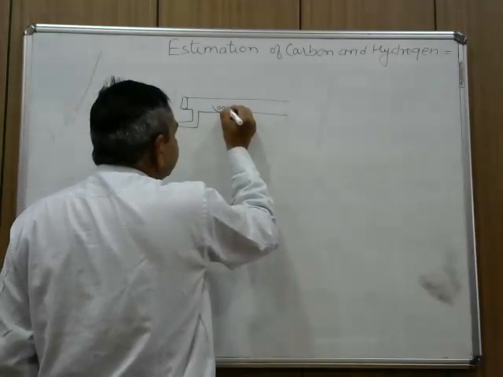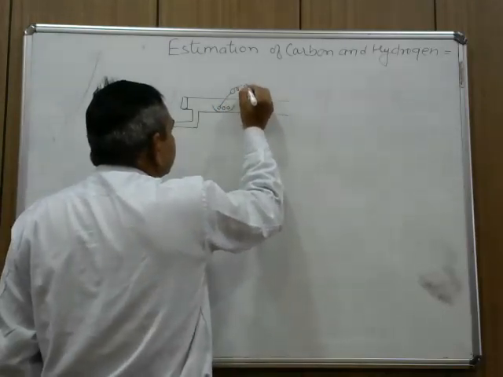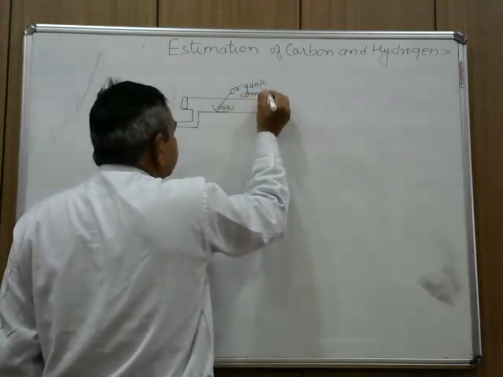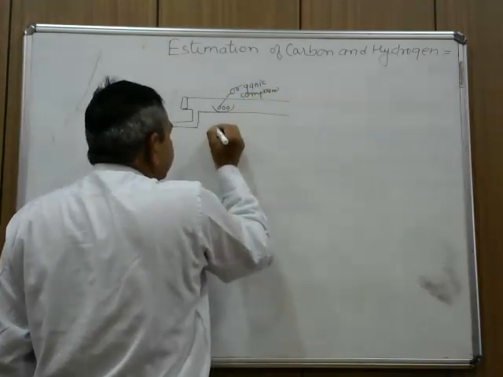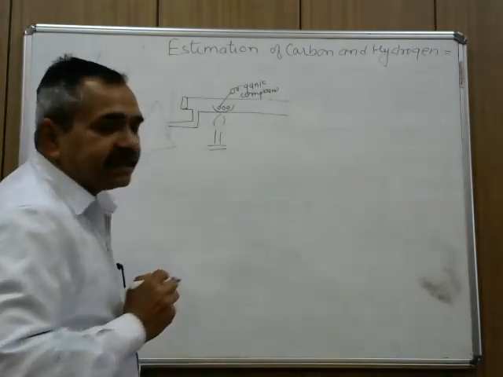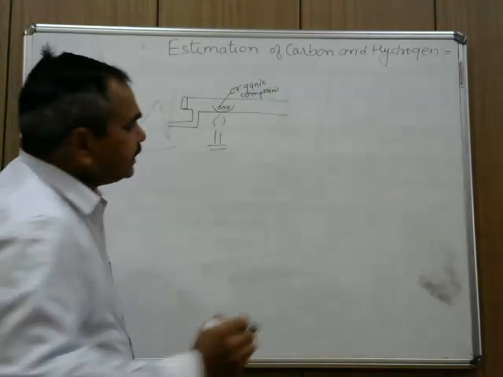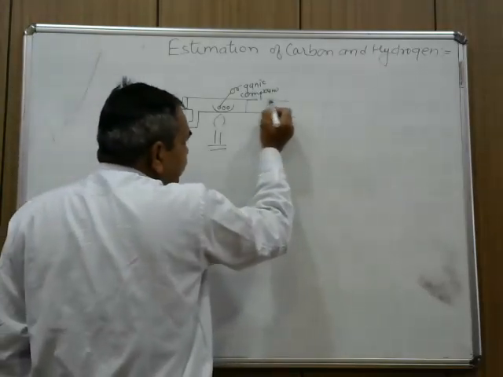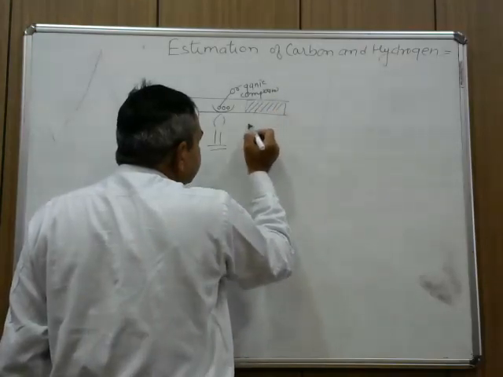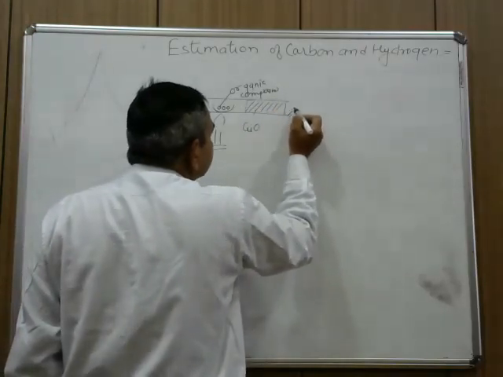So here we keep the organic compound, and here we have a burner with the help of which we can heat. Then here copper oxide pellets, CuO, are placed.